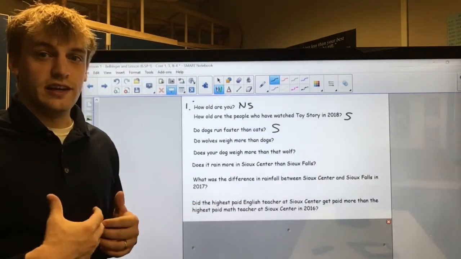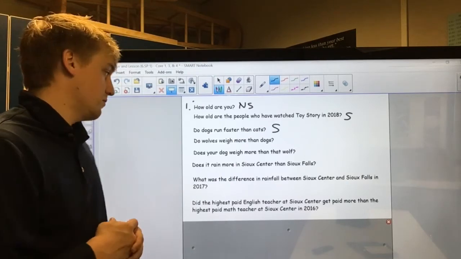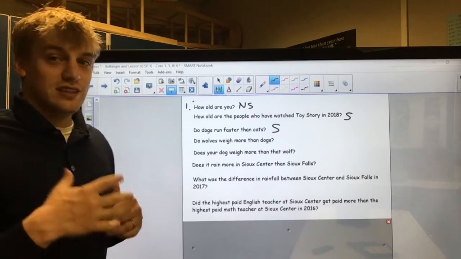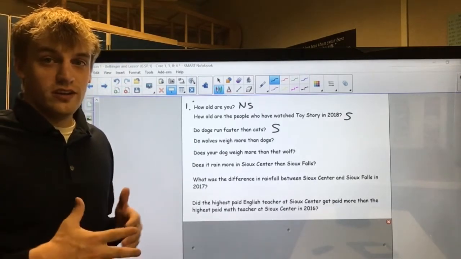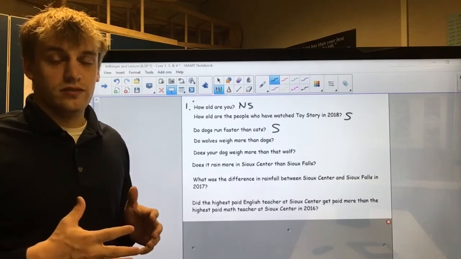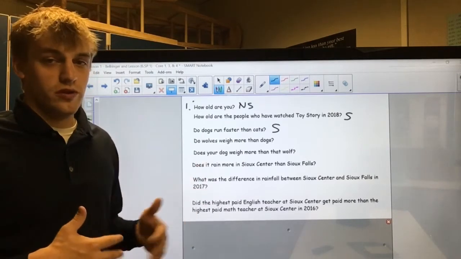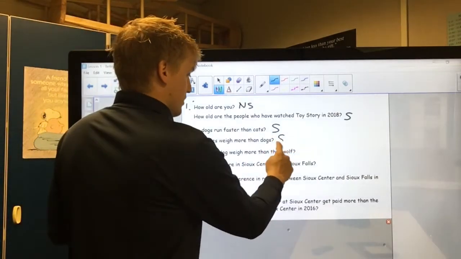You would have to collect data to come up with an answer. Do wolves weigh more than dogs? This is the same idea. There are many wolves and there are many dogs, and they all weigh different amounts. So to say that wolves weigh more than dogs or dogs weigh more than wolves, you would have to collect data to do that. So that is a statistical question.